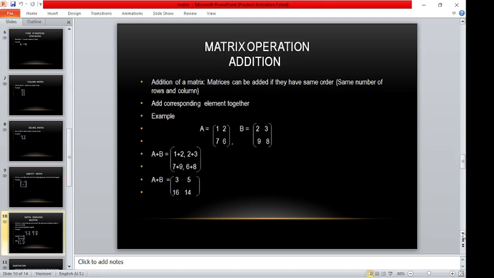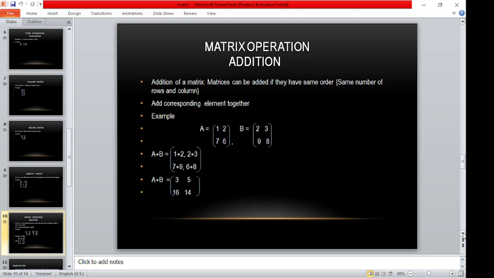We go to matrix operations. We are going to talk about addition and subtraction for today. Matrices can be added if they have the same order, that is, the same number of rows and columns, and we are going to add corresponding elements together.